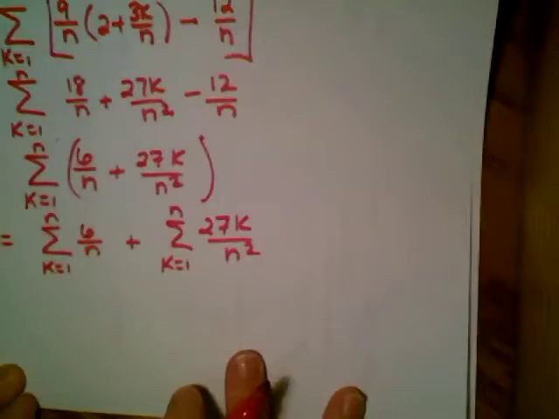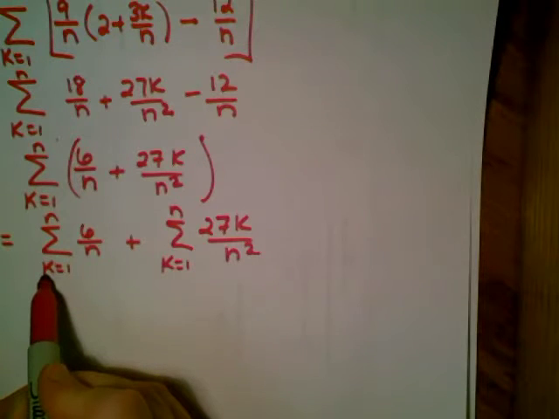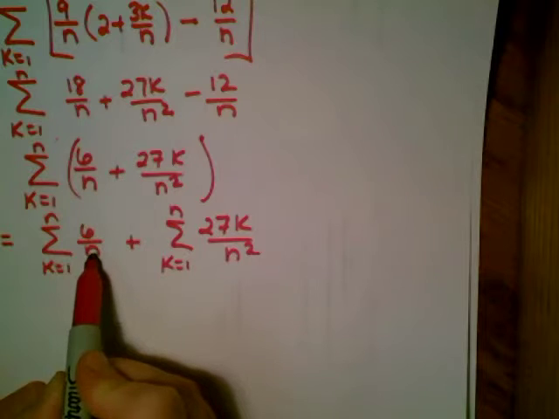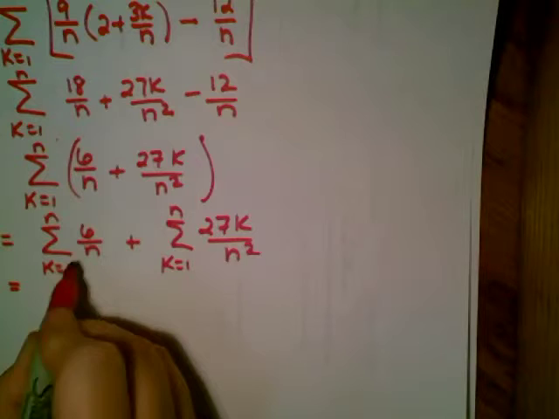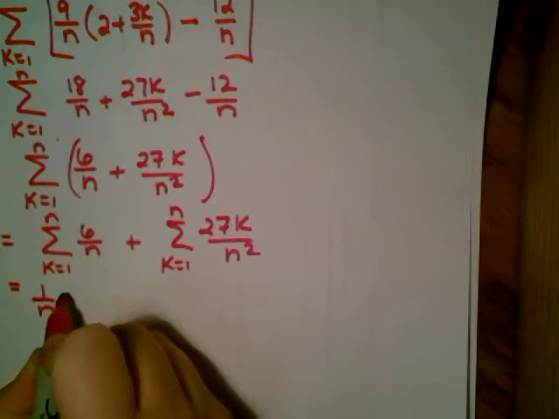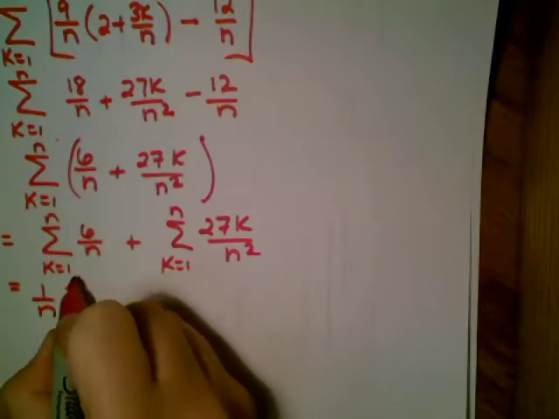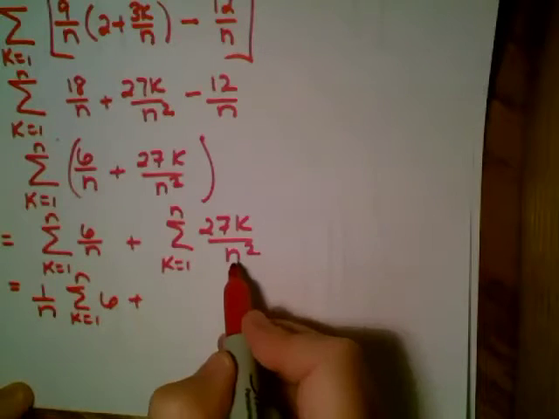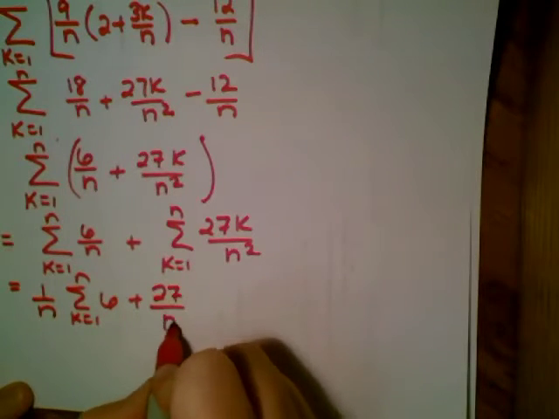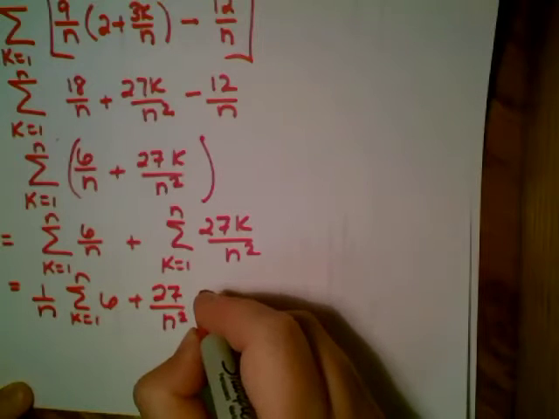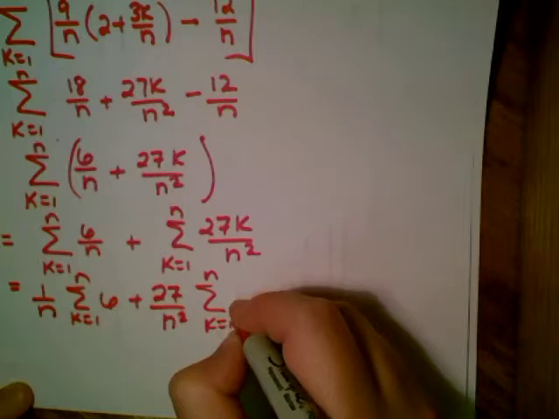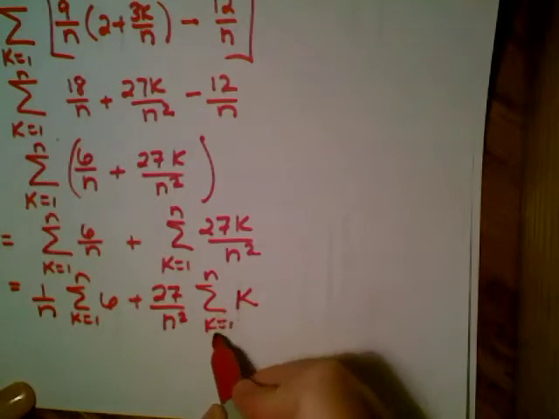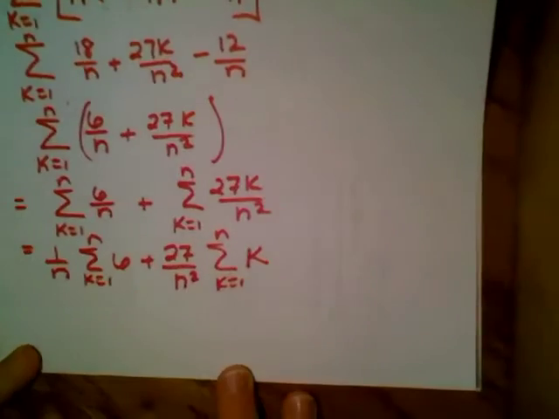Then since k is our counter, our index, and n is a constant, we can factor out the 1 over n and not change the sum, leave the 6, and we can factor out the 27 over n squared and leave the k inside, of course, because that cannot be taken outside the summation.